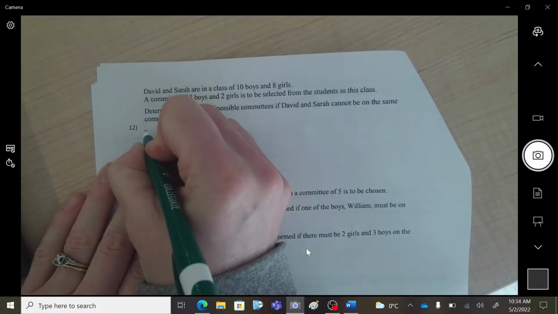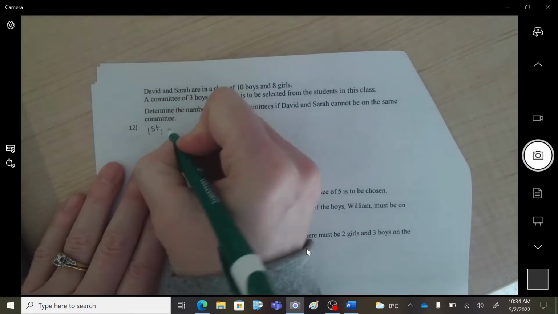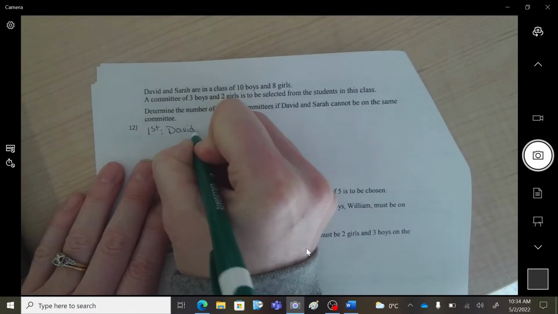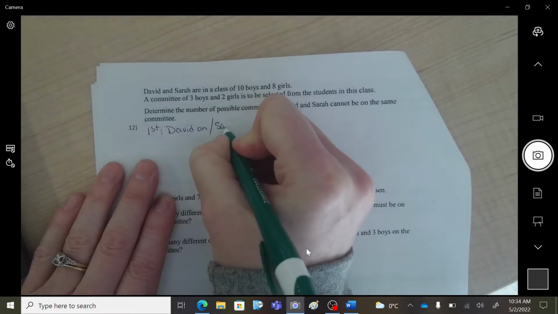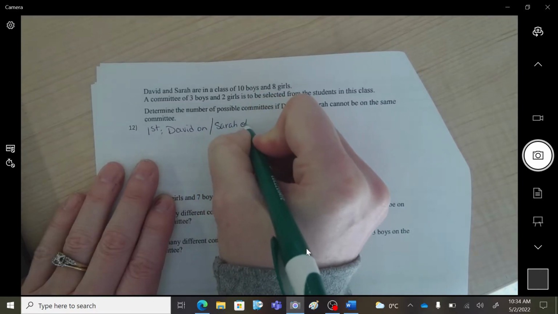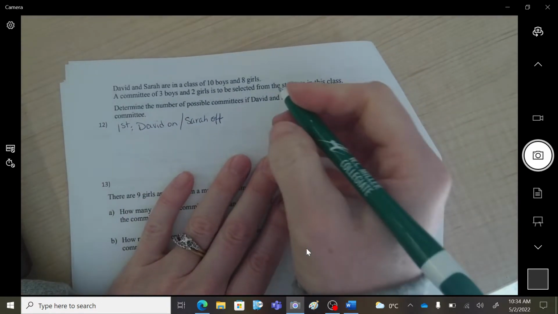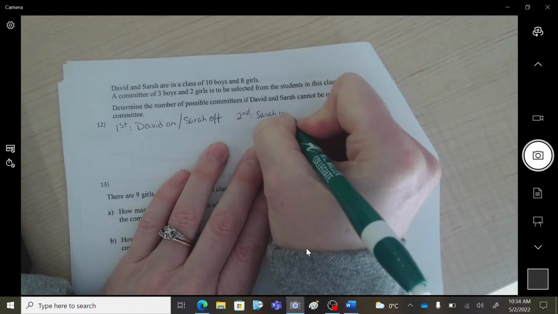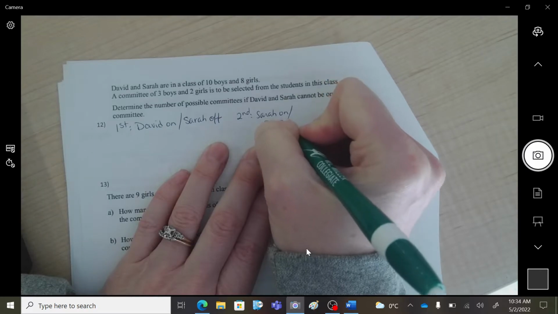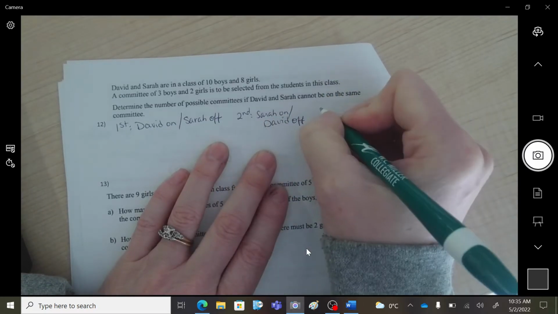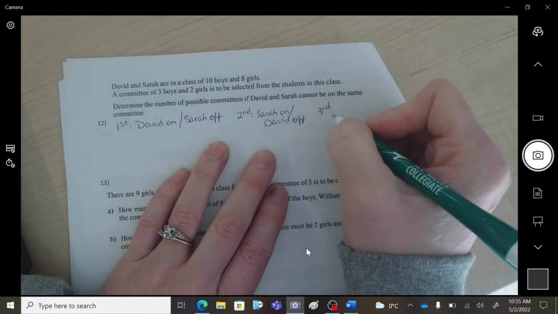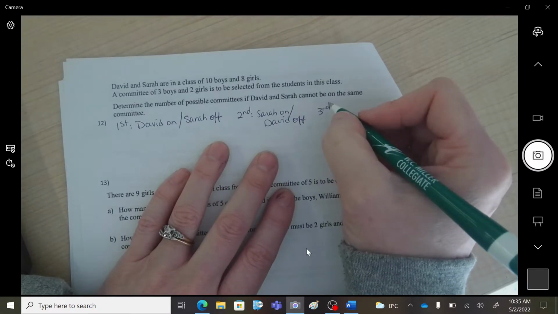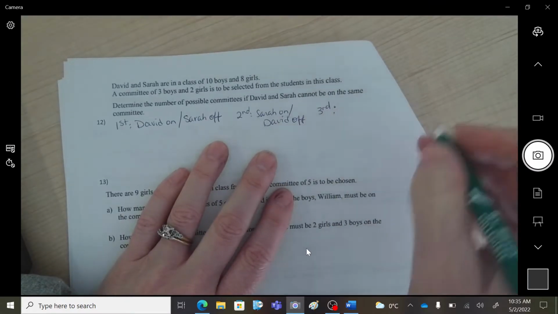Okay, so first we're going to do David on, which means Sarah is off. Second, Sarah is on, which means David is off. And then the third would be that both are off.